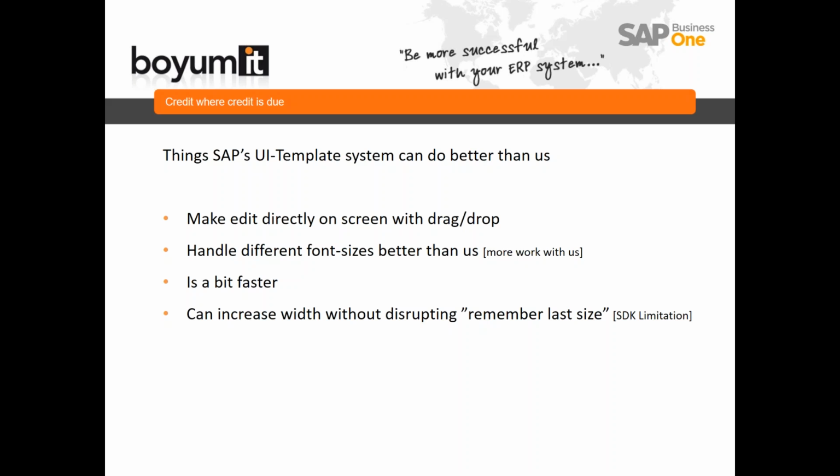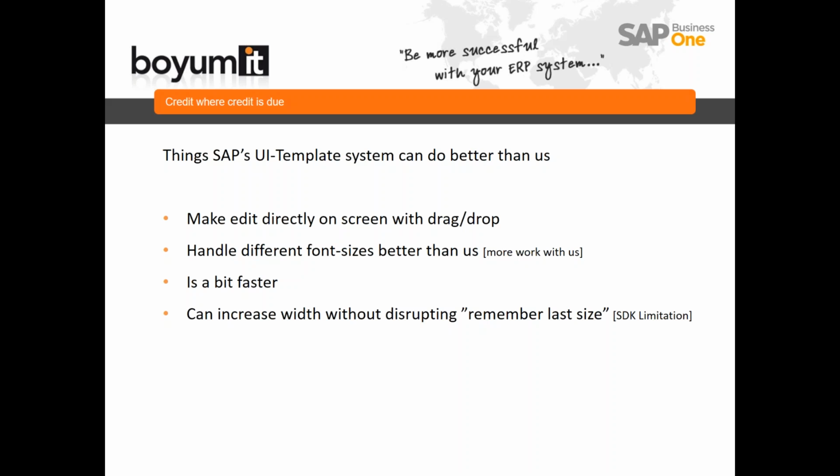If you have a very old system, you will see that we are very bad at scaling, but in the new releases, we are much better at trying to keep up with SAP, but still they beat us a bit when you do font sizes. So if you have some people running 10 pixels in font size and others running 14 and others running 18, SAP is simply better at going there compared to what we can do. We do our best to our abilities with what we have in the SDK, but that's the deal with the SDK.